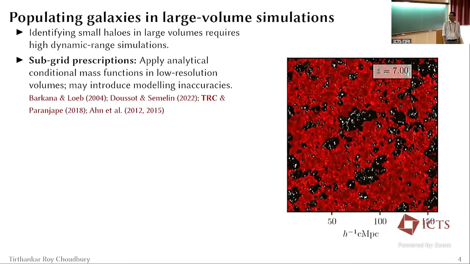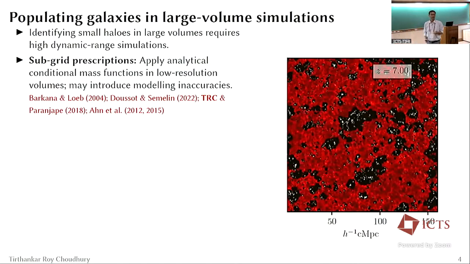Essentially, what has been done in most of the semi-numerical codes is that you apply some analytical conditional halo mass functions in these low resolution volumes. Conditional because you need to condition on the local environment, which could be density.